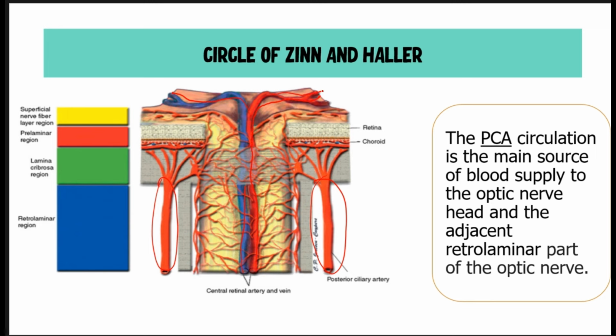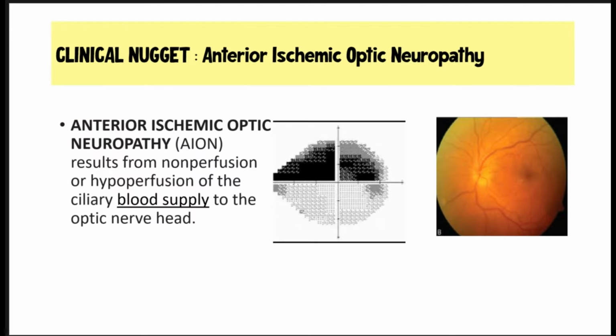And as it supplies the retina, we can also say that it supplies the superficial head of the optic nerve, whereas most of the optic nerve in the lamina cribrosa and the retrolaminar region is supplied by the posterior ciliary artery. I have explained more about this in the video on blood supply of the optic nerve.